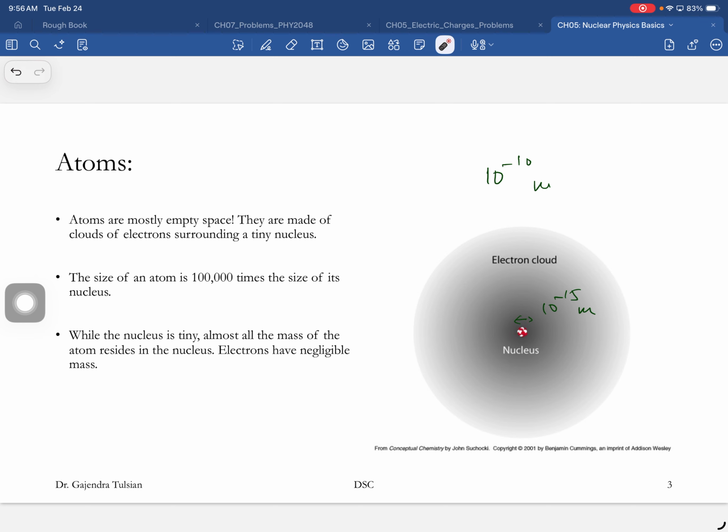The size of the atom is 100,000 times the size of the nucleus, while the nucleus is tiny, almost all the mass of the atom resides in the nucleus. Electrons have negligible mass. So now in the next two chapters, we're going to mess with this fellow, and we're going to try and extract energy from it.